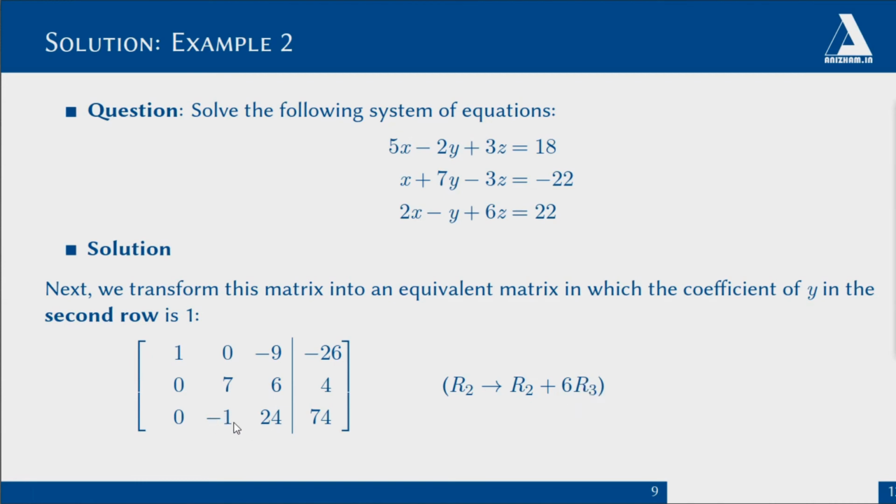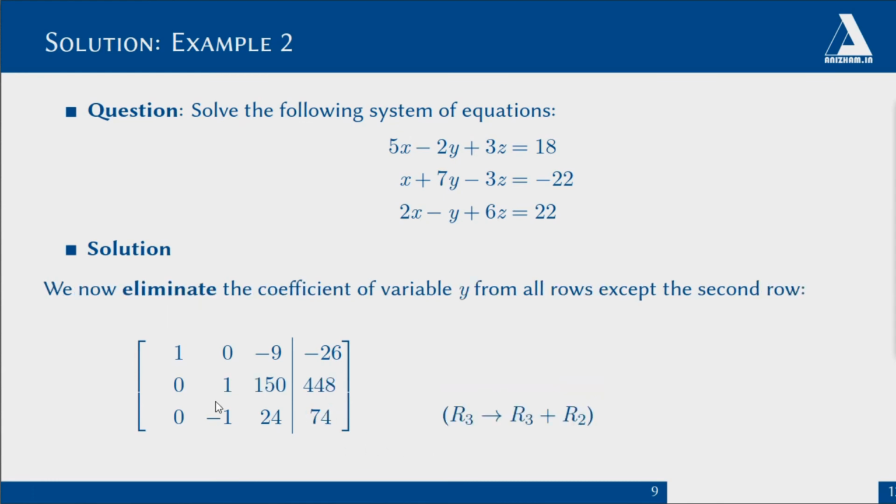Here it is minus 1, so 6 times this value will be minus 6, and 7 plus minus 6 will be 1, and 6 plus 6 into 24, and 4 plus 6 into 74. So the values will be 1, 150 and 448.